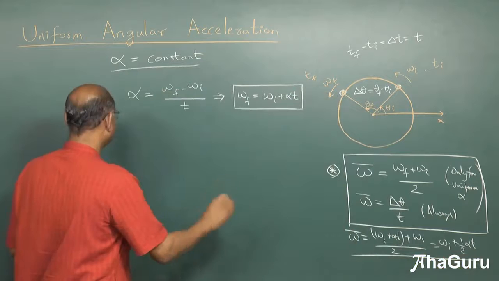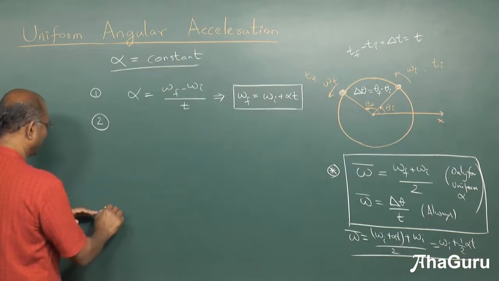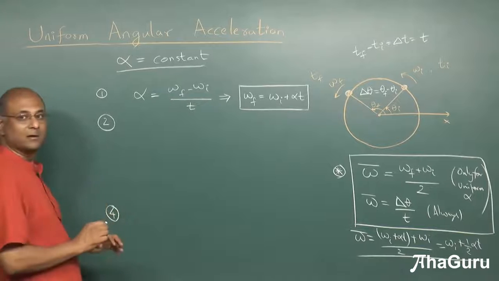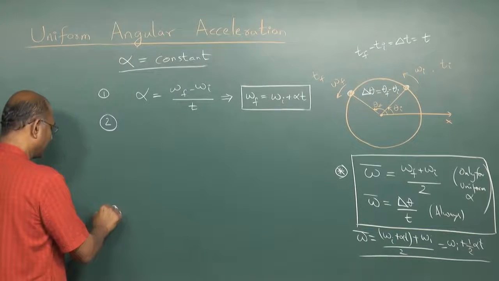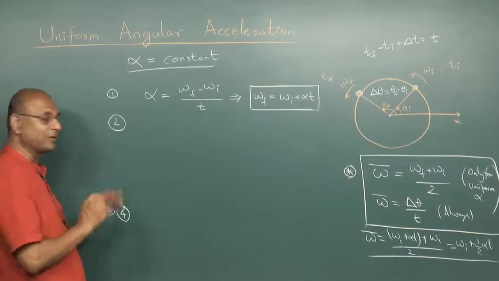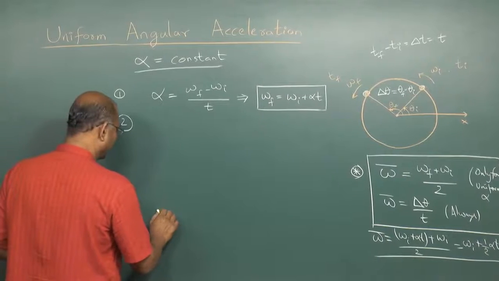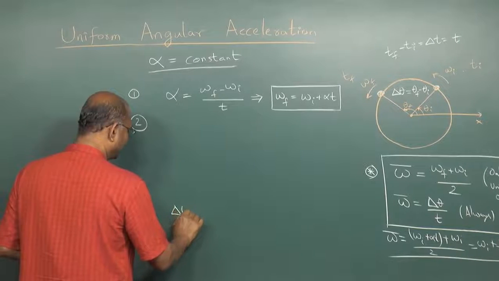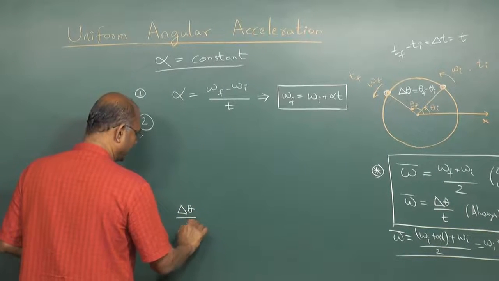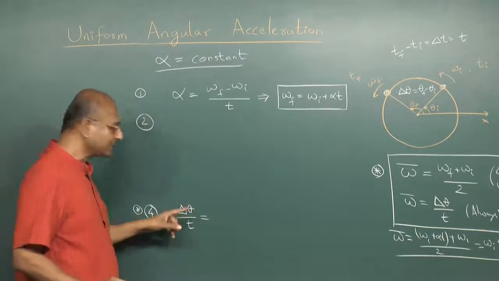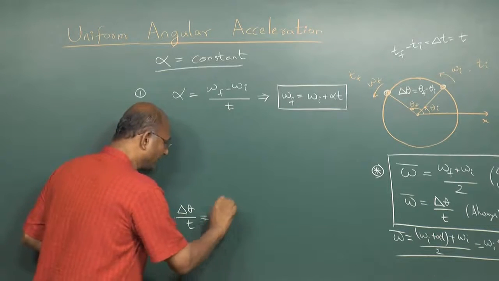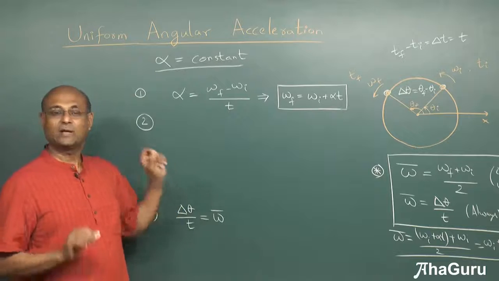That's such an important statement that I'm going to write that statement somewhere here. I'll call it the fourth statement, but I'll put a star because you'll see that that is the most important statement to keep in mind. So let me write that down. Delta theta by T, what is this? Always it is equal to average angular velocity.